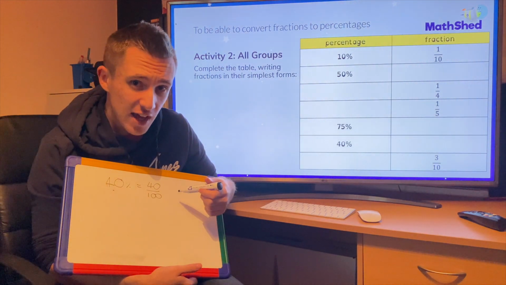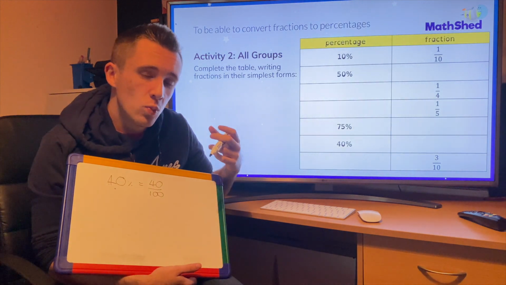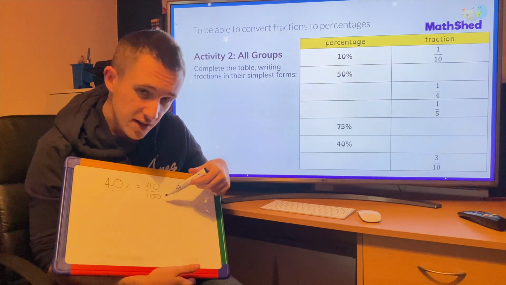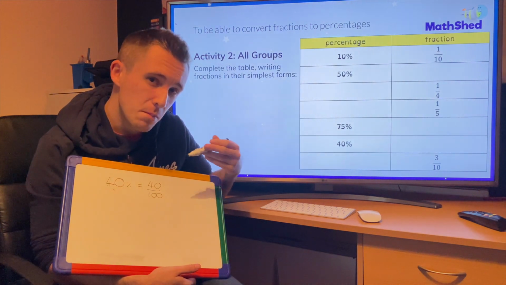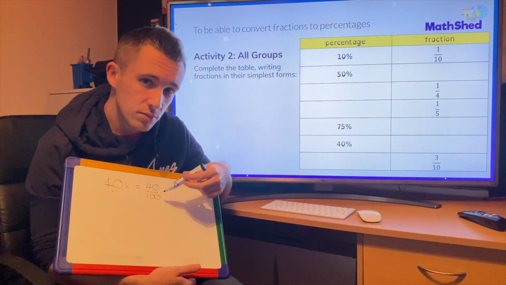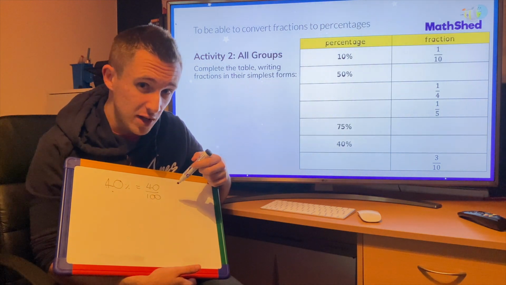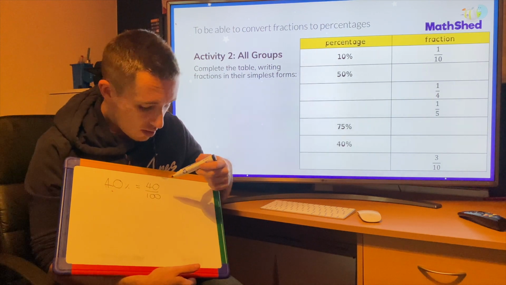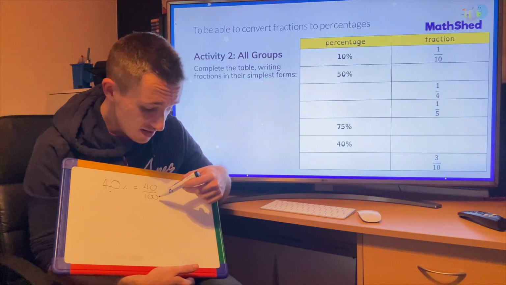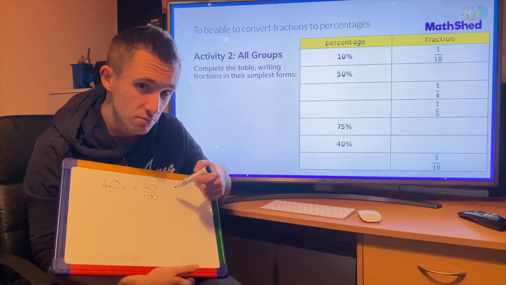The way we can do that is by working out what we can divide it by. Something we can divide 40 and 100 by. We can simplify it. Now both of these numbers are even, so I could divide it by 2. Both of these numbers are a multiple of 10 because they end in a 0, so I could divide it by 10. So let's do that first.